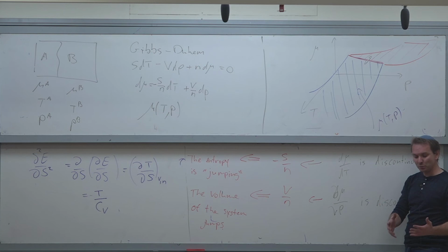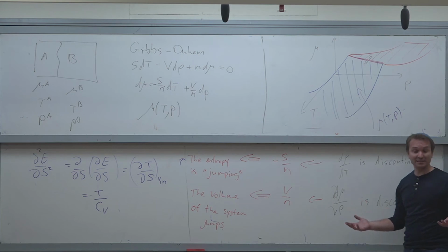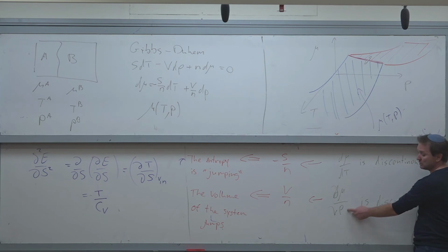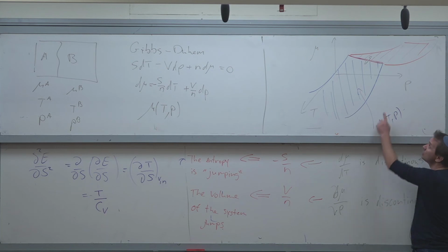So this was a transition from one state that I termed liquid to another state that I termed gas. What happens during this transition? I observed a jump in the volume. This means that my chemical potential, according to this reasoning over here, or more specifically, the derivatives of my chemical potential, change abruptly.